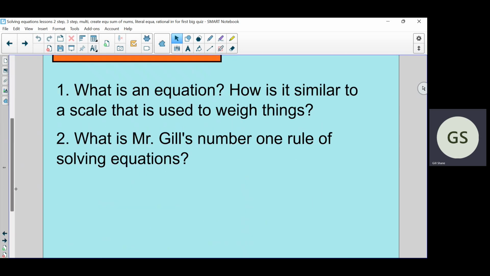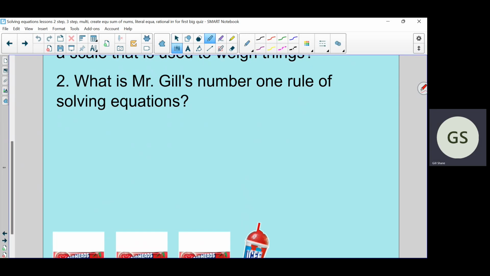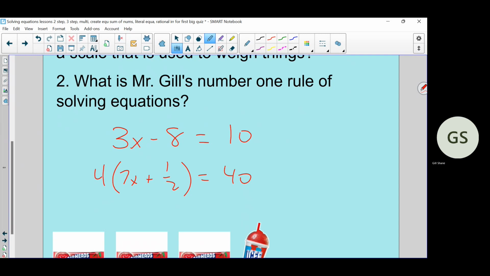What that means, in an equation, I don't care what's on the left. 3x subtract 8 equals 10. 4 times 7x plus 1/2 equals 40. I don't care what it looks like on the left or on the right. Could have weird stuff on both sides. They're just numbers.